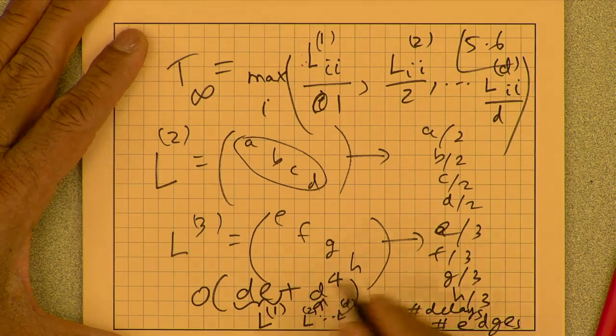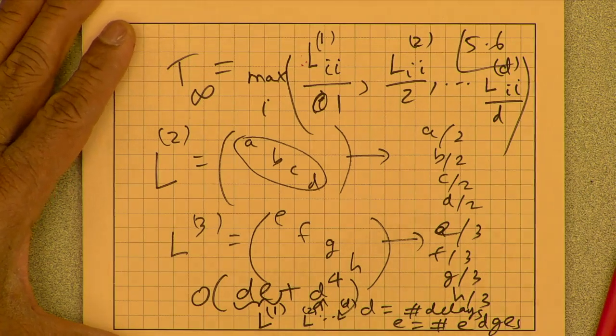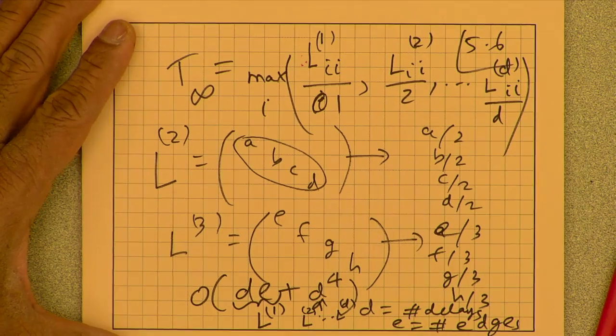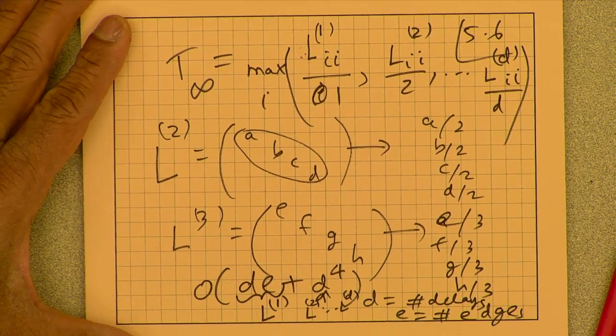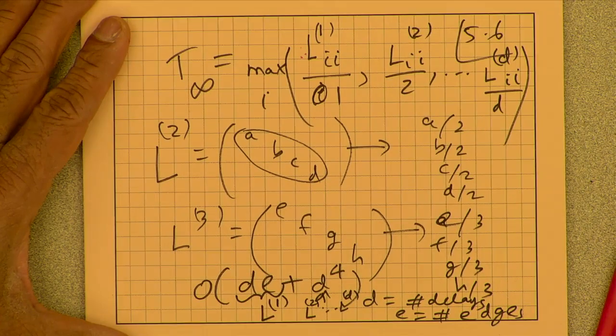Each L computation takes order of d cube because it is a matrix multiplication containing d squared elements, and each element contains d operations.